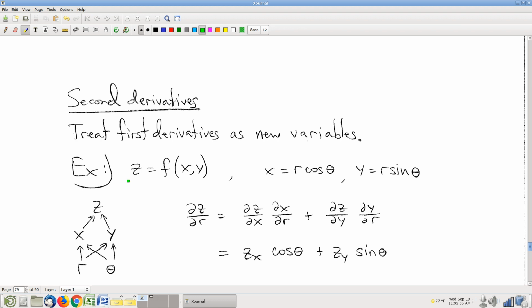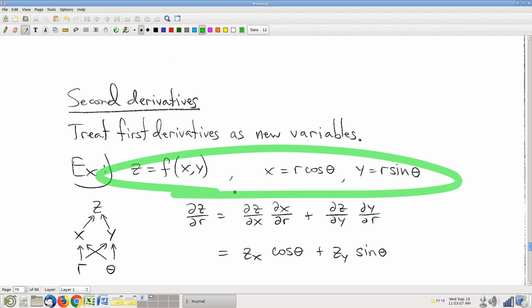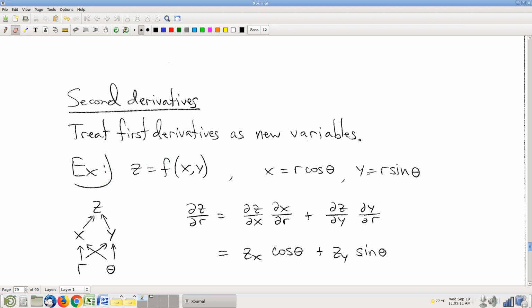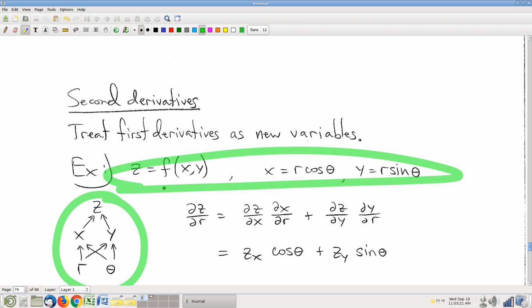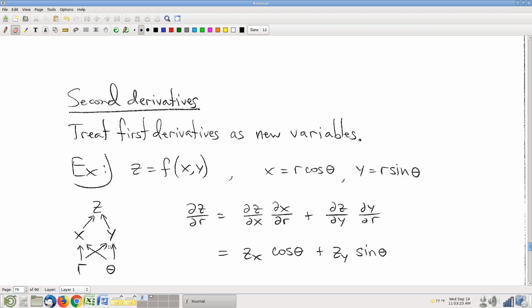Old scenario. z is a function of x and y. x and y are functions of, now two variables, r and theta. Here's our little road map, right? Expressing what's a function of what as per these formulas. We could reasonably ask for, let's just say, what is the partial of z with respect to r? So we want to know what is that partial derivative.